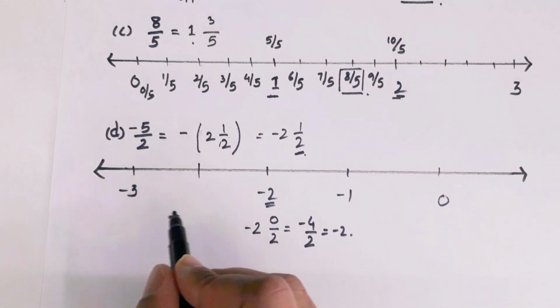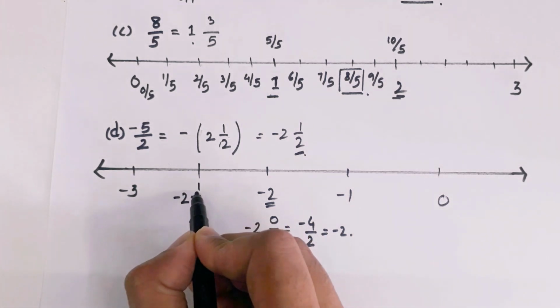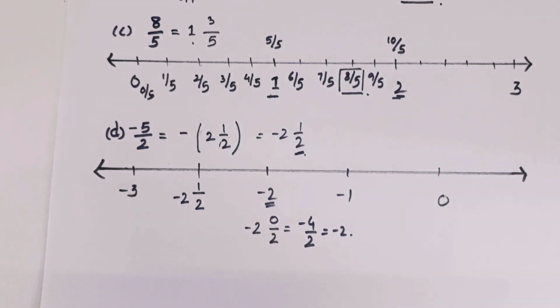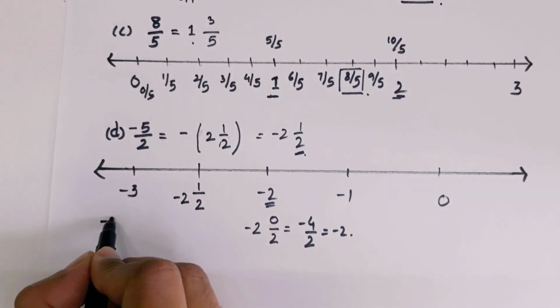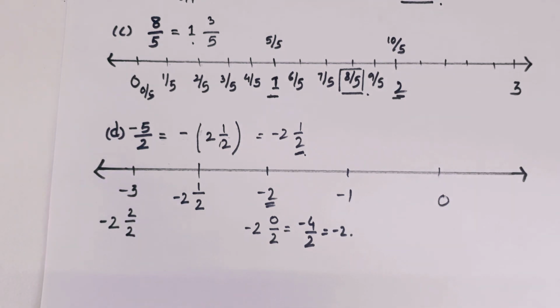The next comes this number, which is minus 2. I wrote 1, so here it will be 1 upon 2. Okay, the next one will be minus 2, 2 upon 2. Okay, if you open it, I'll get minus 6 upon 2, which is minus 3.